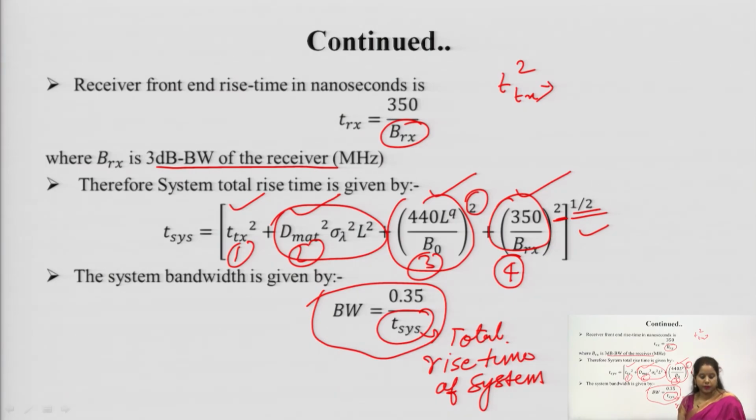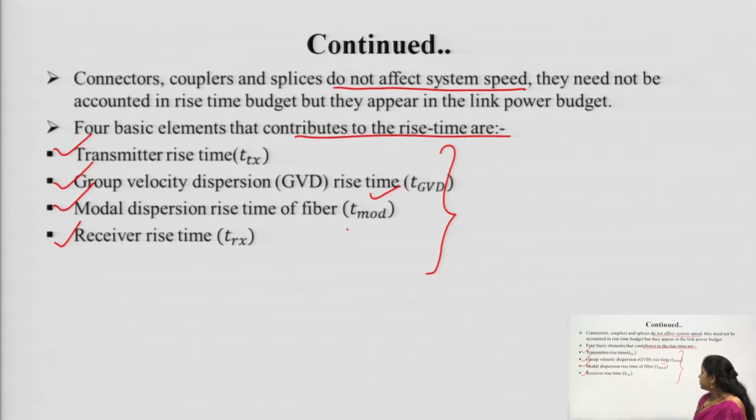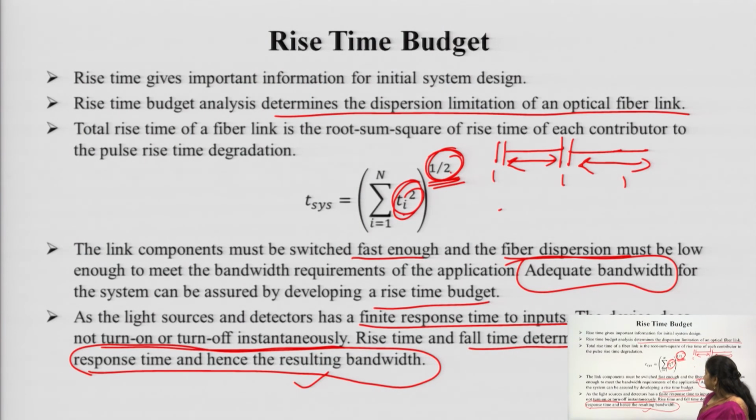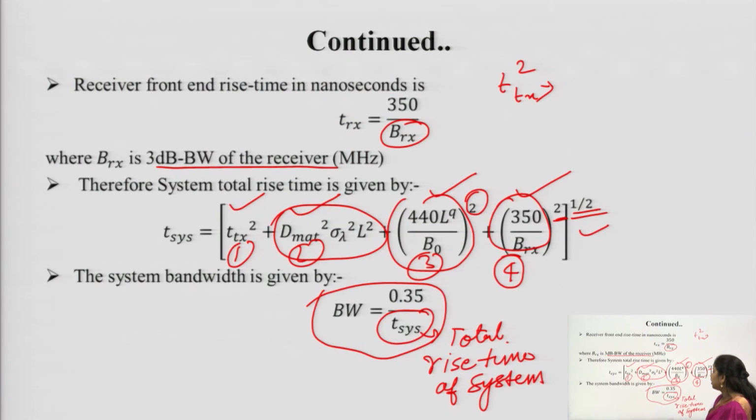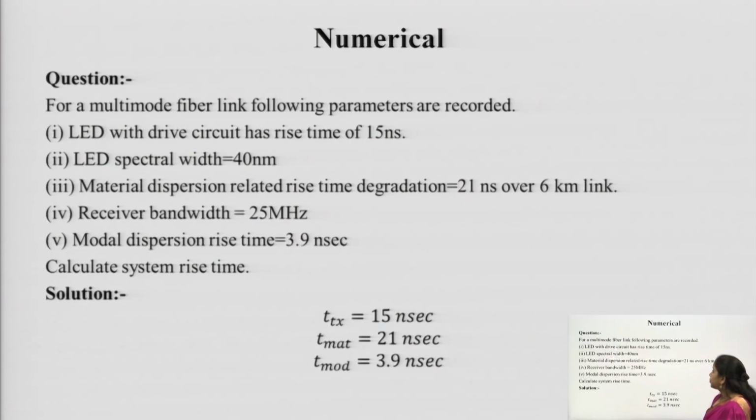That is why it is said that the resulting bandwidth, the response time and the bandwidth of the system, is decided based upon our rise time. Now, let us do one numerical related to the total rise time calculation.